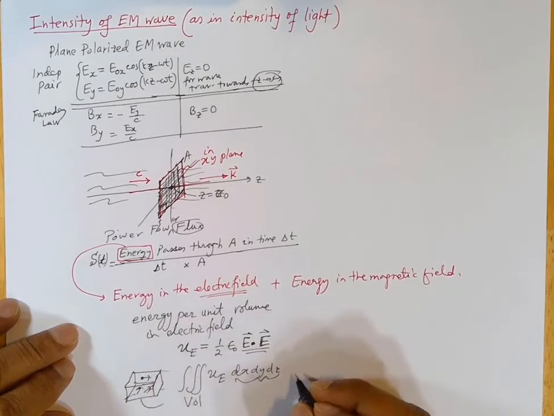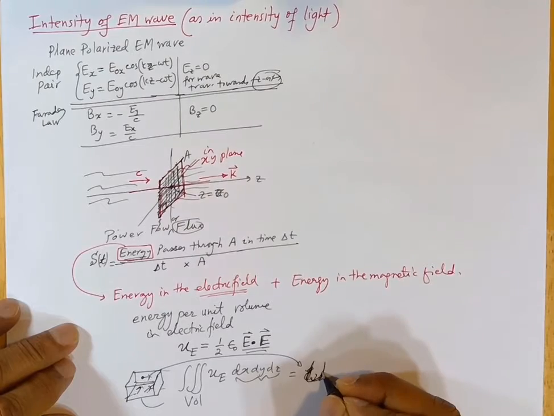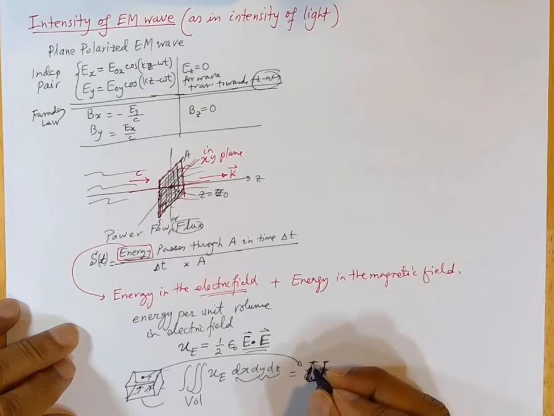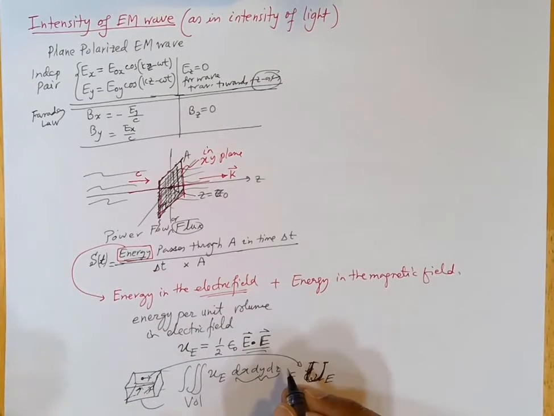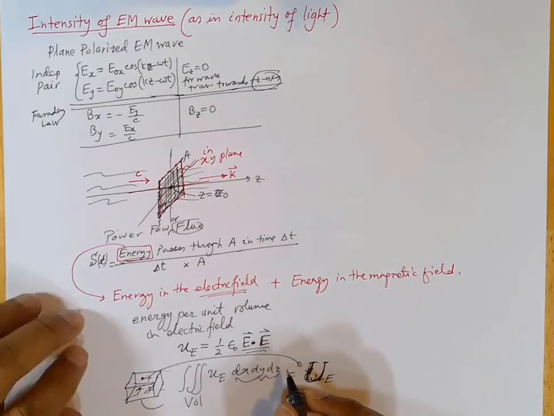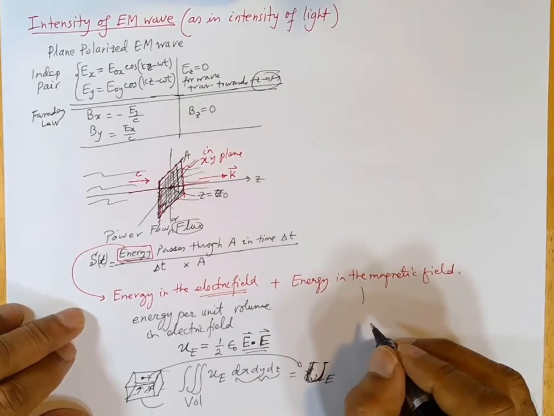That will give me how much energy is contained in the electric field, capital U. So the amount of energy contained in the electric field. It's kind of like a potential energy.